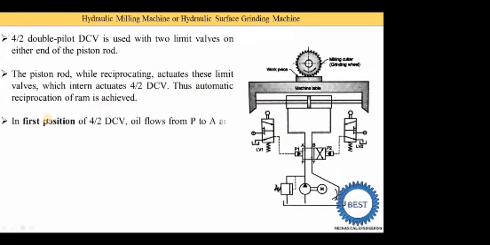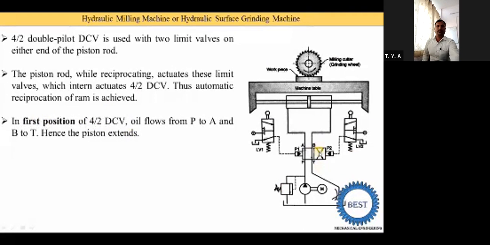Now we study what is the first position and what is the second position. In the first position of the 4x2 DCV, oil flows from P to A and B to T, hence the piston extends. In this diagram, you see the diagram is drawn for the first position. So here it is connected with the first square, and the oil coming from the pump is supplied to the P port and then to the A port, and the oil returned from the right side of the piston is supplied to the B port, and the B port is connected with the T port.